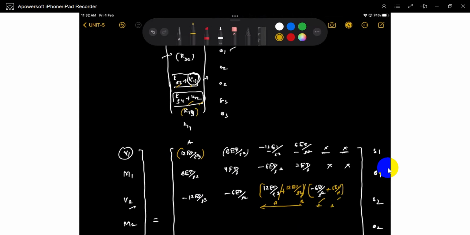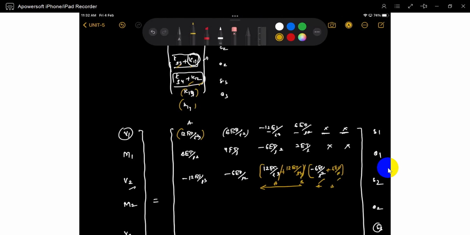Next, once again, K13 and K14 for the next element, these values. So 12 EI by L cube, directly these values, K13. So again 6 EI by L square. These two will come, because this V2 is not only dependent on the A element, it is dependent on the B element also.